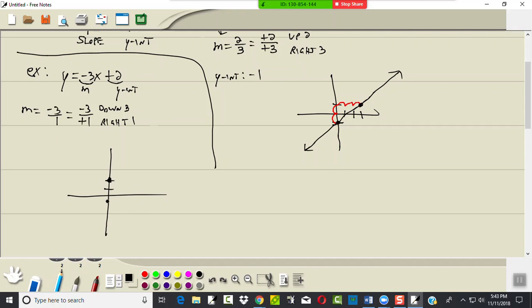Now from there, we're going to go down 3 and right 1. So down 3, right 1, and we'll put our second point. Now after you have your 2 points, you draw a line through them, and that'll be your answer.